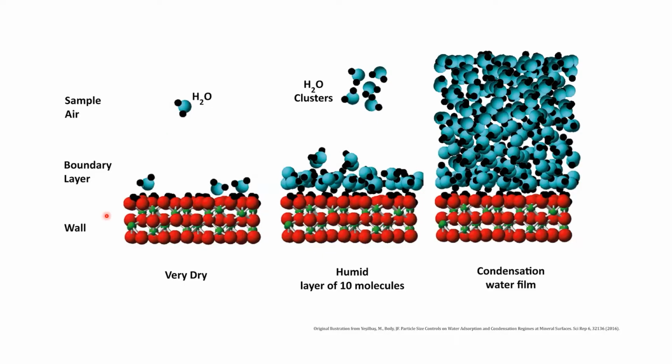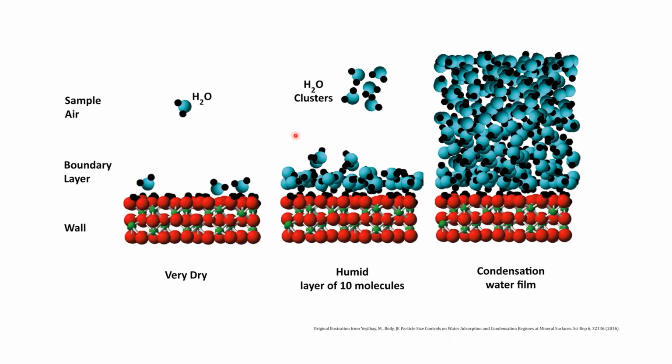This figure here shows what happens on the level of molecules at the surface between a wall and, for instance, the gas cell. First, we look only at humidity molecules. If the air is very dry, as from gas bottles, only a few molecules are in the sample air and a few are bonded by molecular forces to the wall.